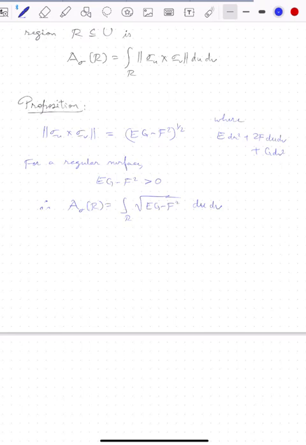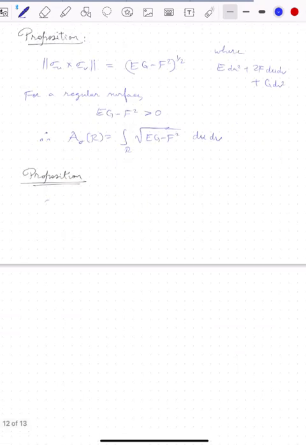And a further proposition says that, so there's another proposition, which states that the area of a surface patch is unchanged by parameterization.